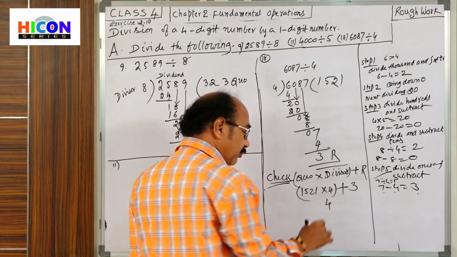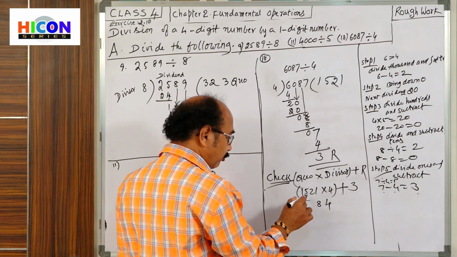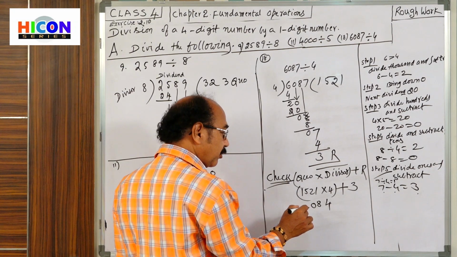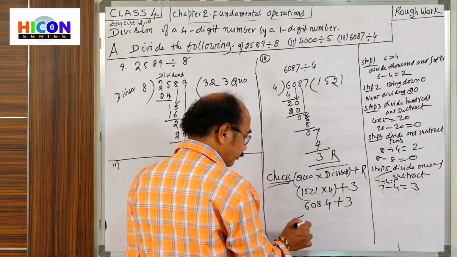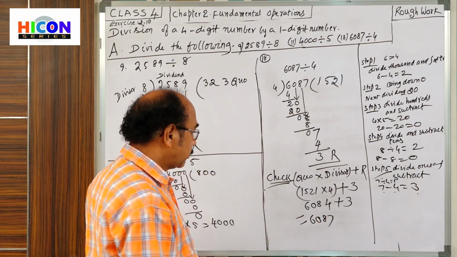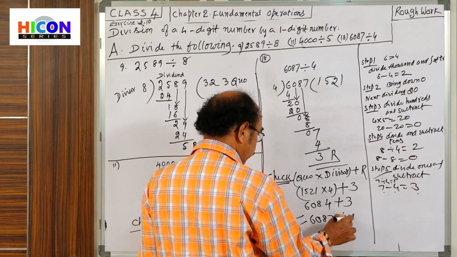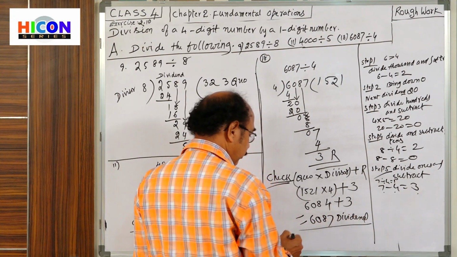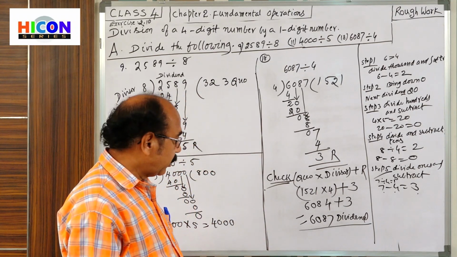Multiply: 4 ones are 4, 4 twos are 8, 4 fives are 20, 4 ones are 4 plus 2, 6. Plus 3. Add. 6087. This is the dividend. So divisor into quotient plus remainder gives dividend.